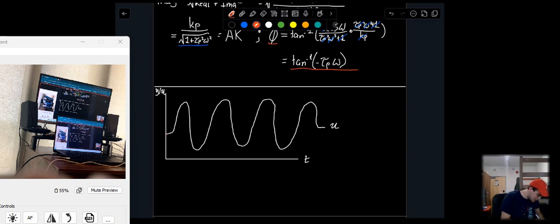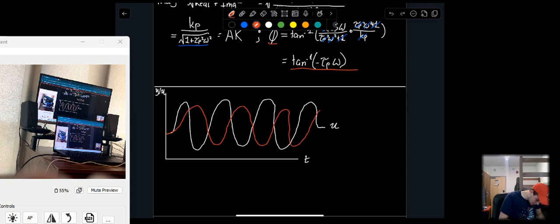Let's call this Y. I'm attempting to do this, but I'm not going to really do it. We're going to pretend that those oscillations are perfect. So this will be my Y.